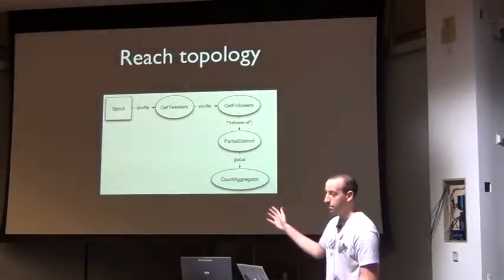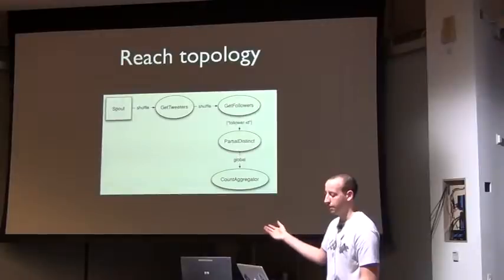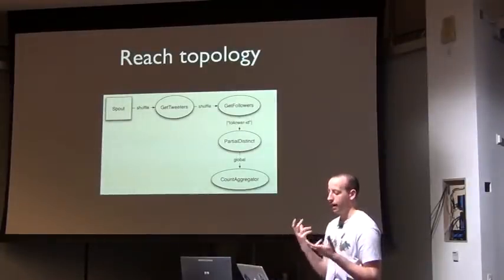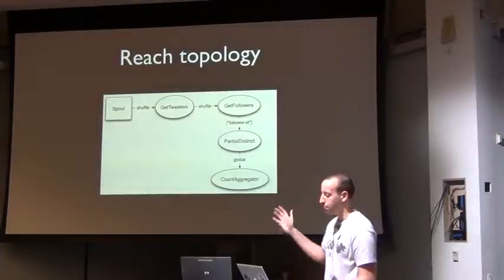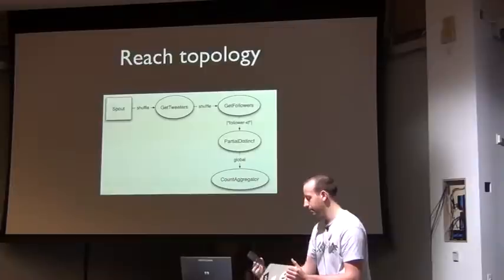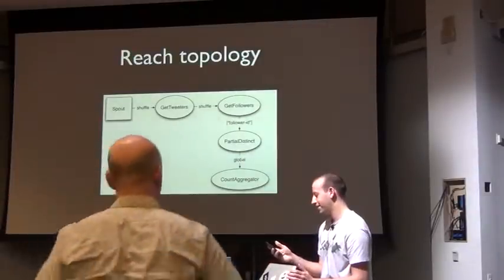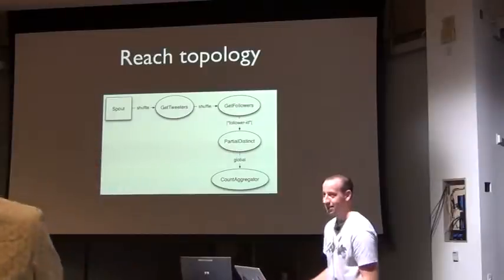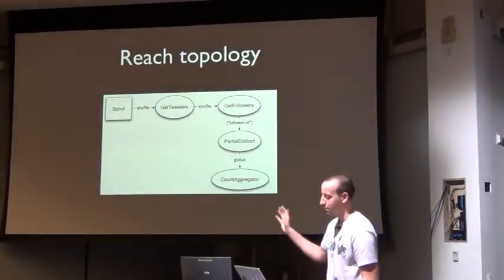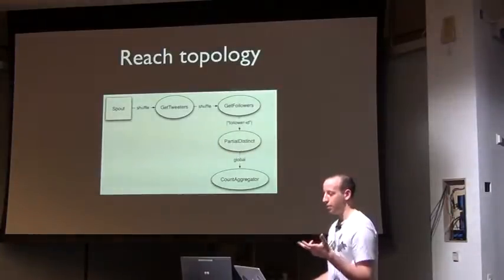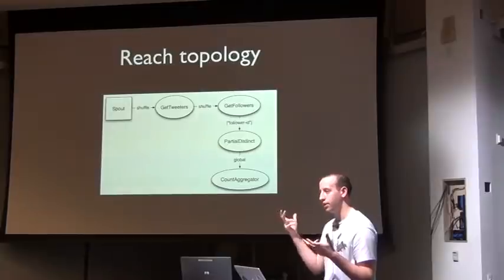So you have your spout that emits the DRPC function invocations. That emits a stream containing request ID and URL. The first bolt is called getTweeters, which maps a stream of request ID, URL to a stream of request ID, tweeter ID.